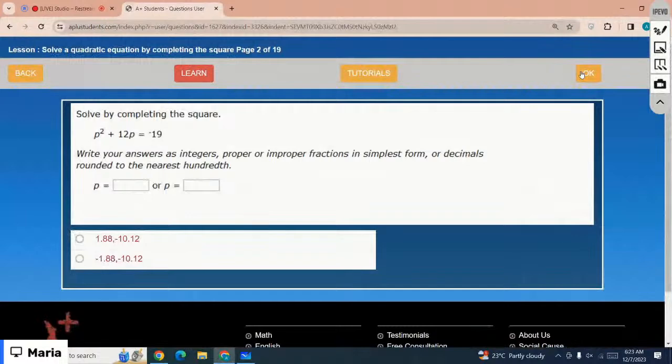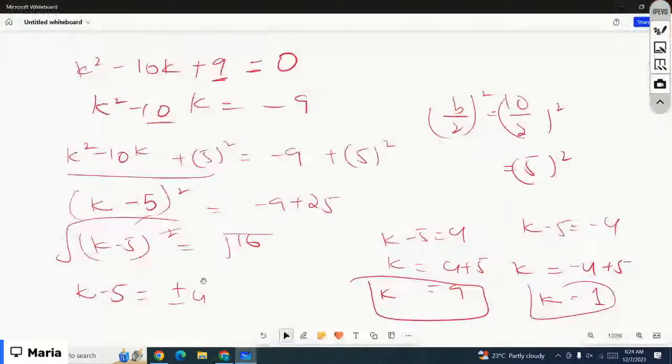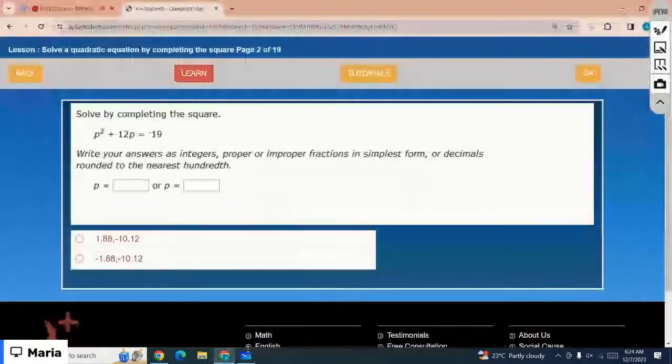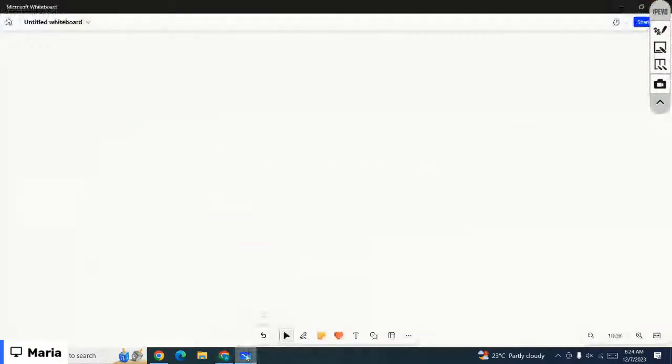Okay, the next one is p square plus 12p equals negative 19.